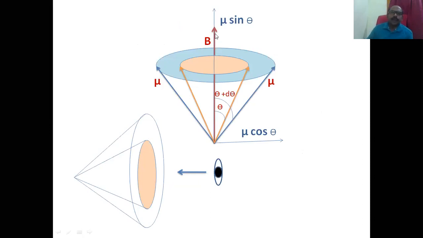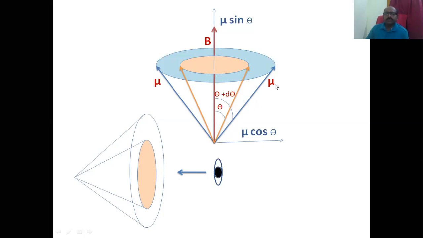The field B is applied in this direction. Let us say this is X and this is Y, so the field is along the Y axis, and this is the magnetic moment of the dipole, having some direction and magnitude.